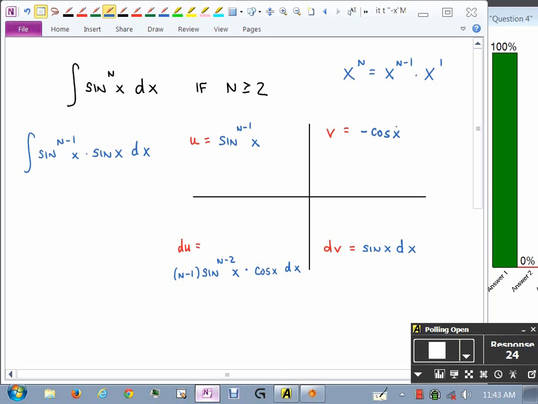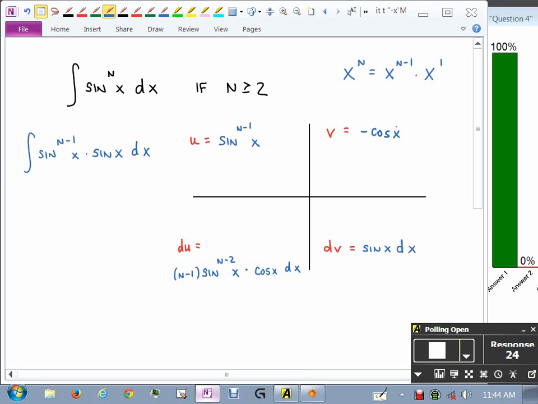That looks just as complicated as the other one, but can someone tell me the difference? What the other one had that this one doesn't? This has two cosines. The other one had one cosine, but it had something else. What did the other one have in it that this one doesn't? What was our v? x.